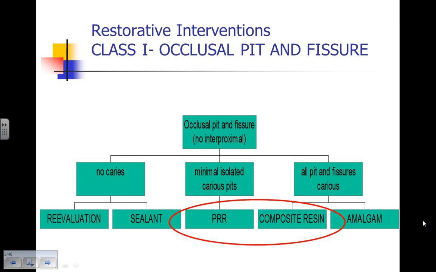If you remember from our treatment planning, diagnosis and decision-making lecture, in terms of when we intervene for occlusal pits and fissures, we're going to be intervening when we see carious lesions, whether they be a minimally isolated carious lesion or a more extensive carious lesion. Certainly we'll be intervening when we see defective restorations as well.